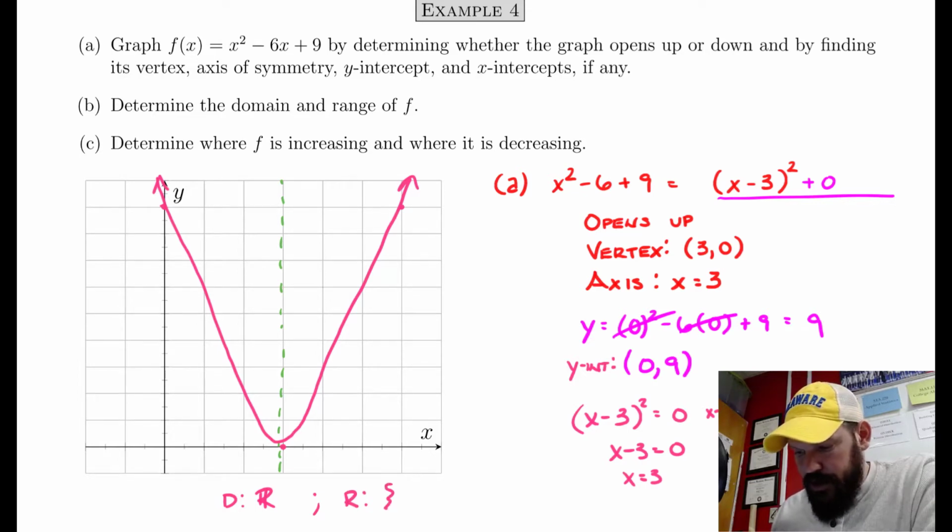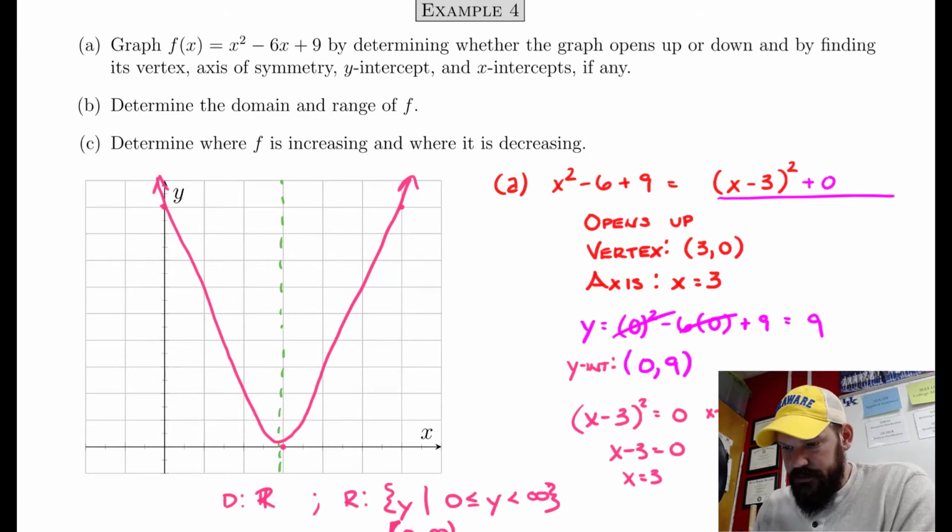So our range is all y, such that, let's see, the y-coordinate of the vertex is 0, 0 is less than or equal to y, less than infinity. Or if you're into interval notation, square bracket 0, infinity, parentheses.